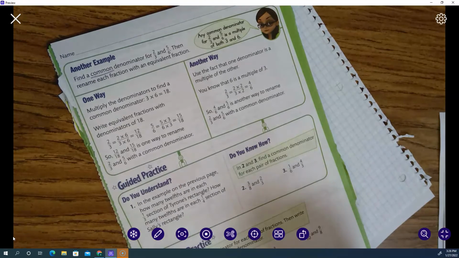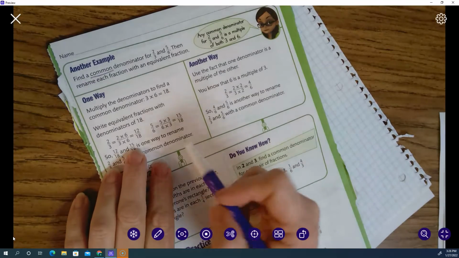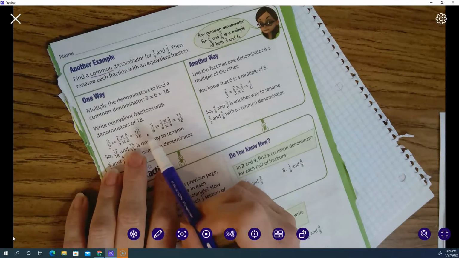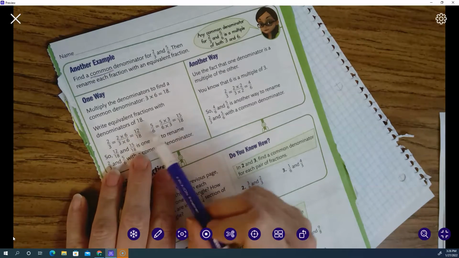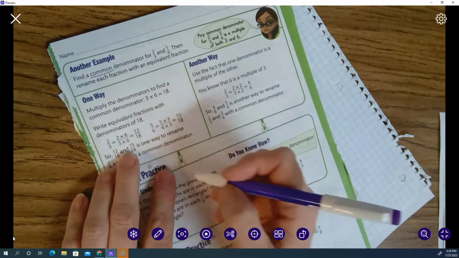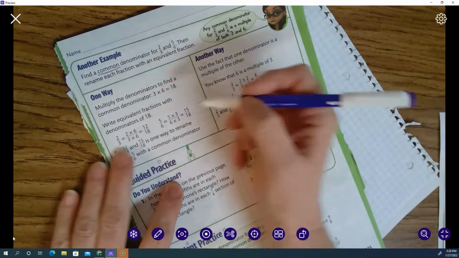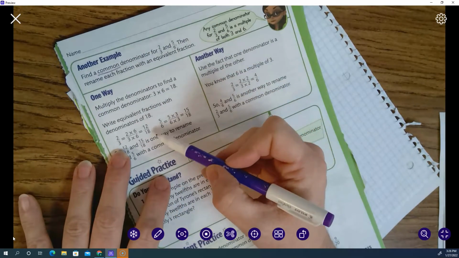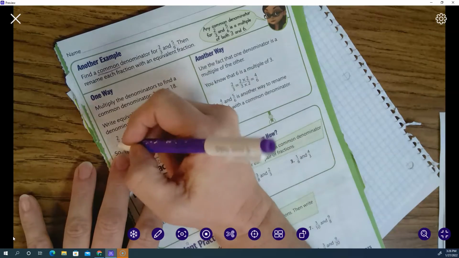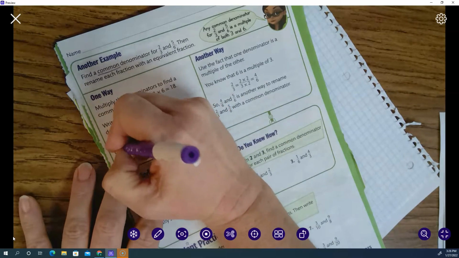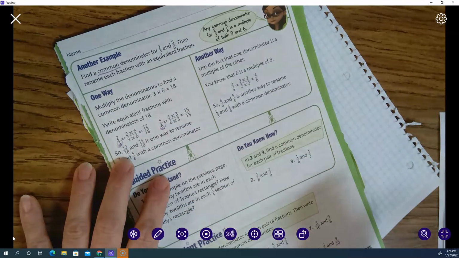So here's what I want you to think about. There are different ways you could do it, and one way is to find a common denominator. For example, in this problem you have 2/3 and 5/6. Looking at your denominators, there's a 3 and there's a 6.